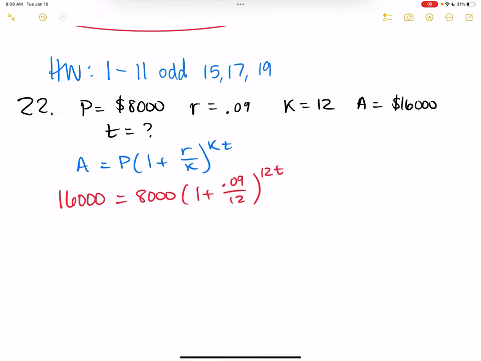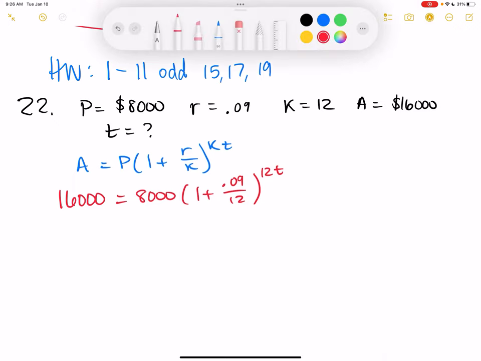So, suggestions on how to go about solving this? Maybe you can divide by 8,000 first, so that's going to give me 2 is equal to 1 plus 0.09 divided by 12 raised to the 12t. Now I'm going to move the 2 to the other side, because now what?